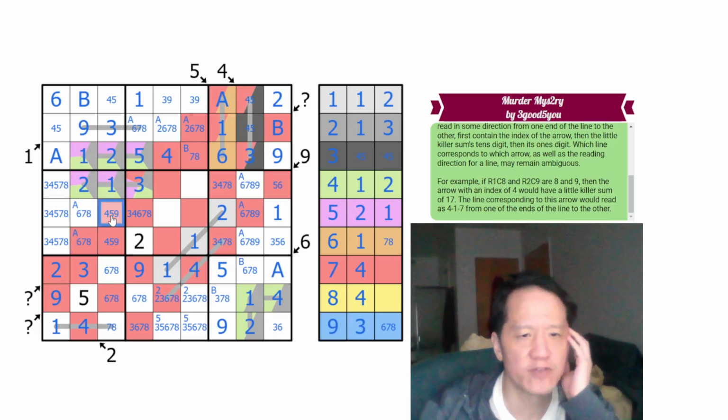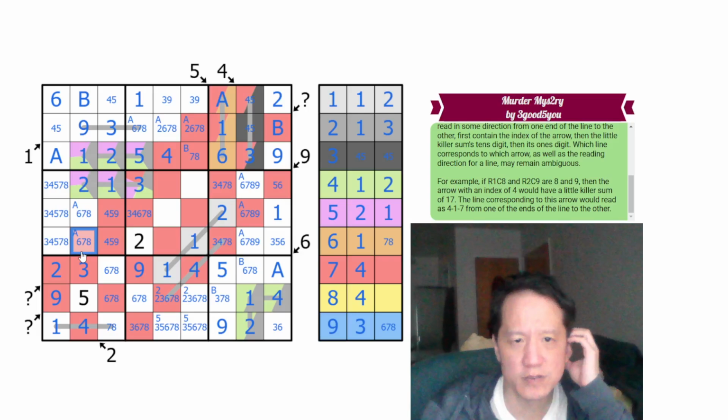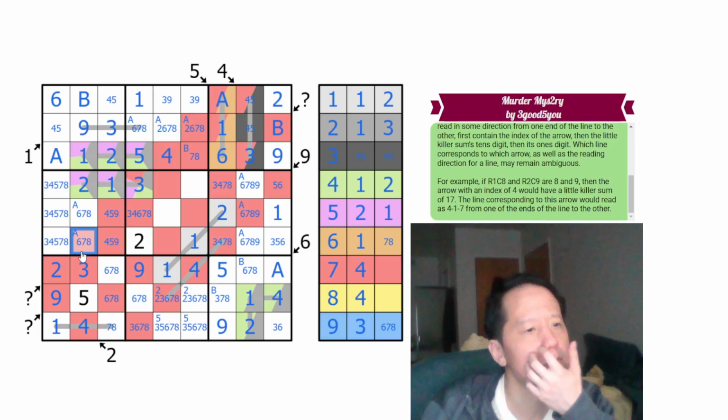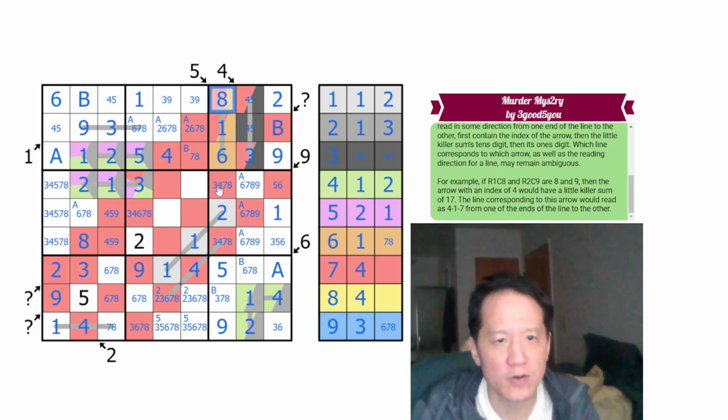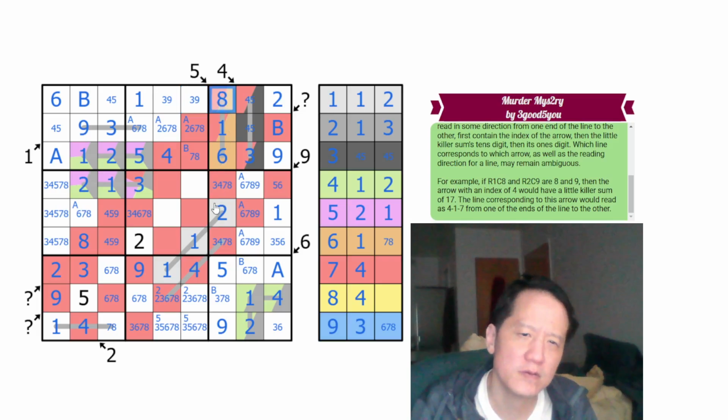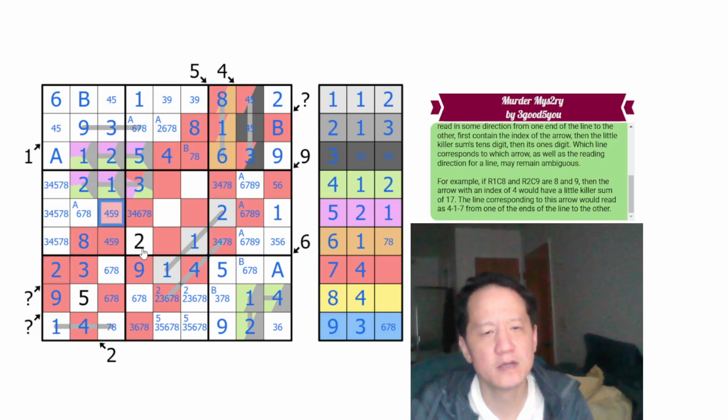Well, this would definitely have to be 9. This could be 8. So you could have 8 and 8 here, right? And then this would be 8. So 8, 8, that's 23. So this would be 33. But then this would be 9.